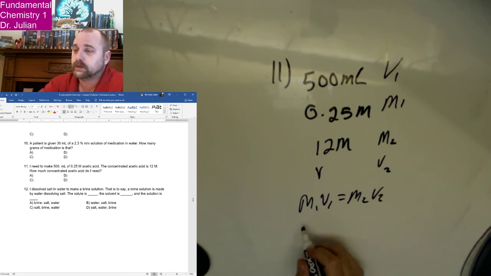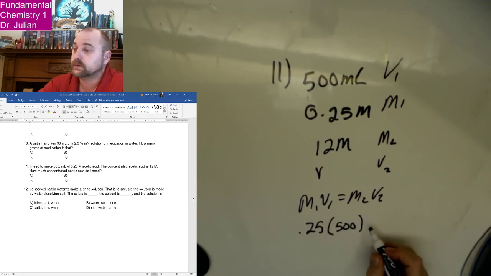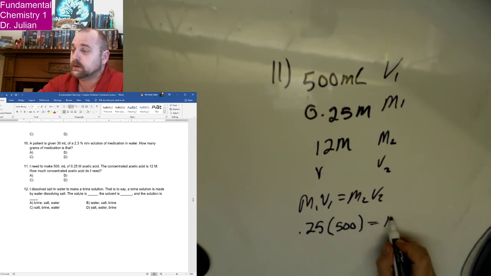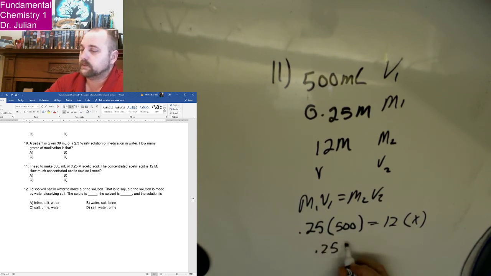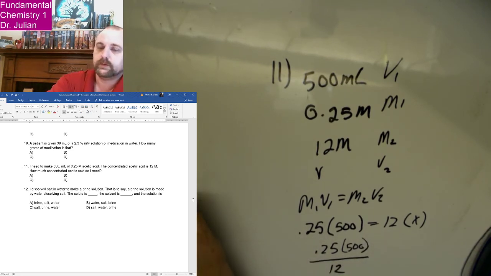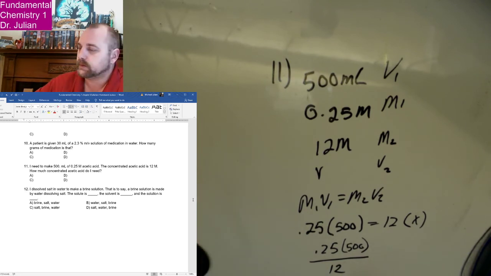So 0.25 times 500 equals 12 times x. 0.25 times 500 divided by 12 gives 10.42 milliliters for x.